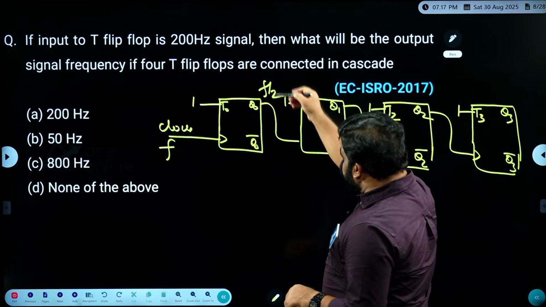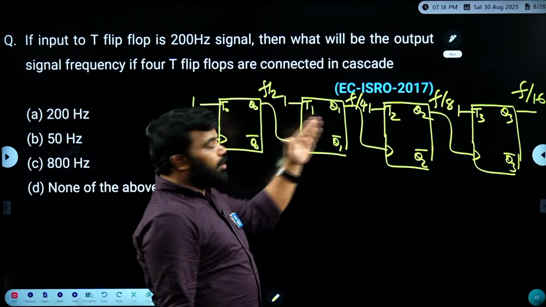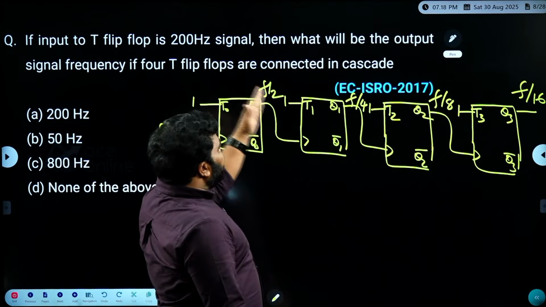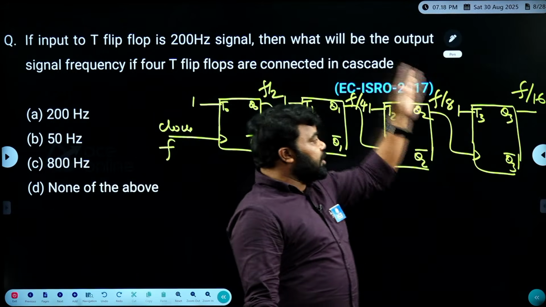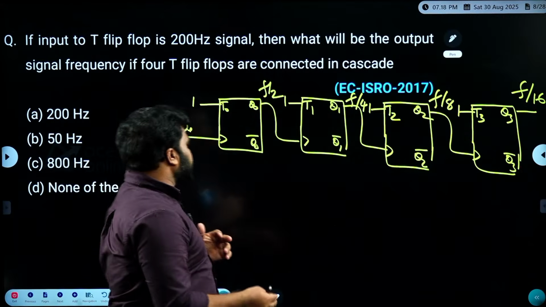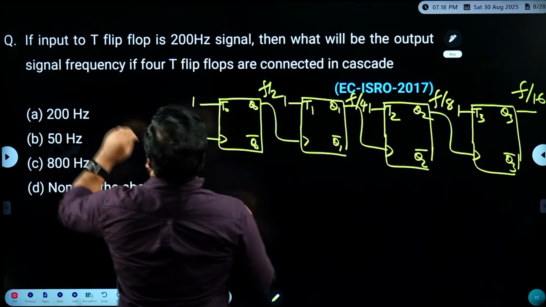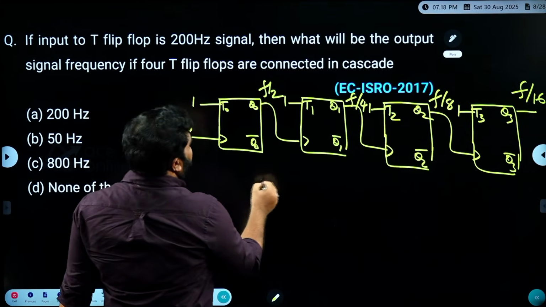So the clock we are supplying to the second stage is F by 2. This is a ripple counter, so the output of each stage is used as the clock for the next stage. So, we are using cascading stages. Then what happens here? If I say the frequency after the fourth stage, it is going to be F by 16.